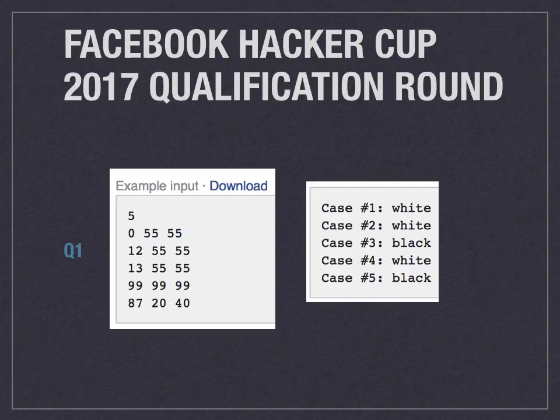For example, on the second line, 0.55 means we want to determine whether the point 55 and 55, where x is equal to 55 and y is equal to 55, lies inside of the pie, if the pie shows the progress of 0%.